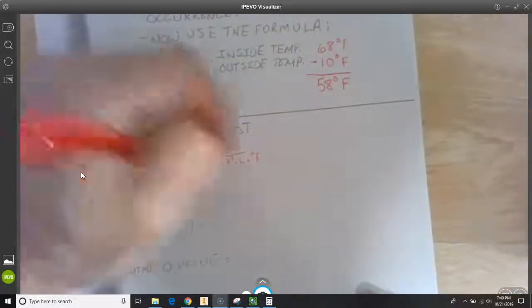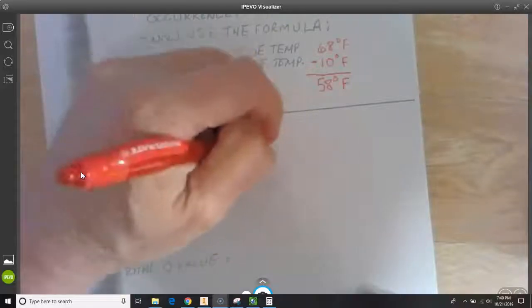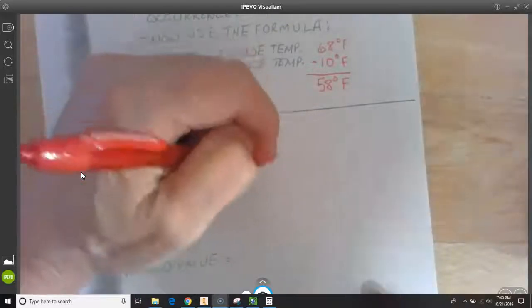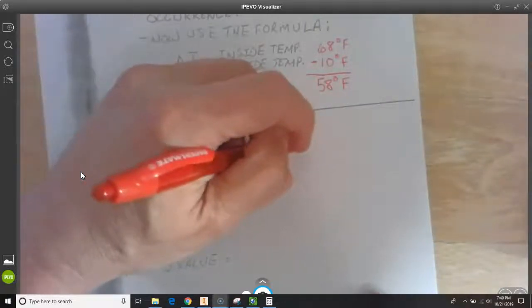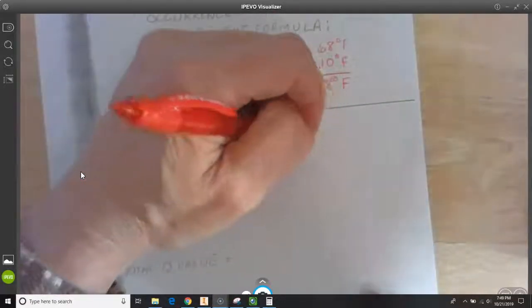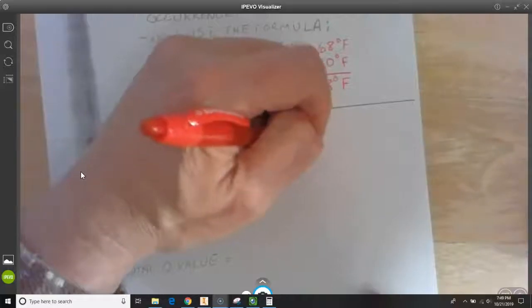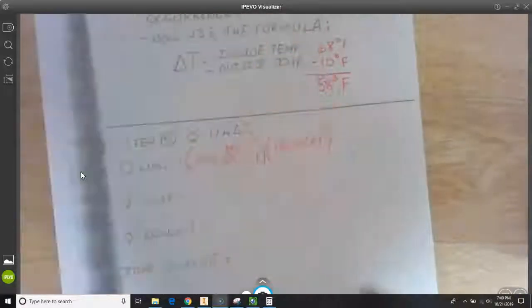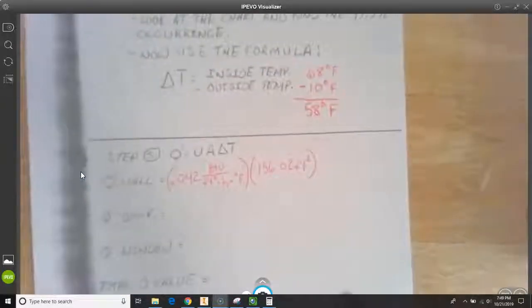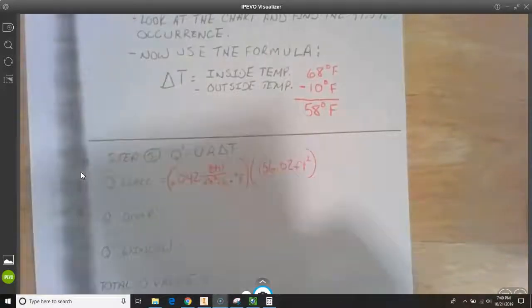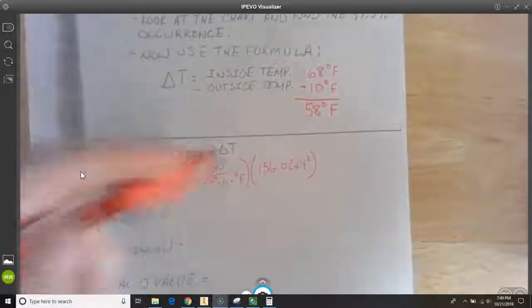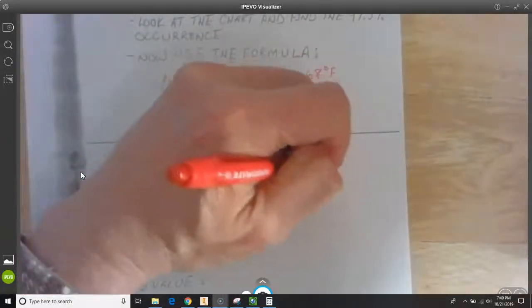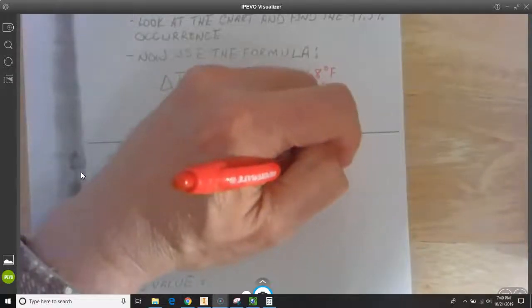So I'm going to put this in parentheses, times the area, which is 156.02 feet squared. Now close the parentheses. Okay, and then times the delta T, which is the temperature differential right here, which is 58 degrees Fahrenheit.